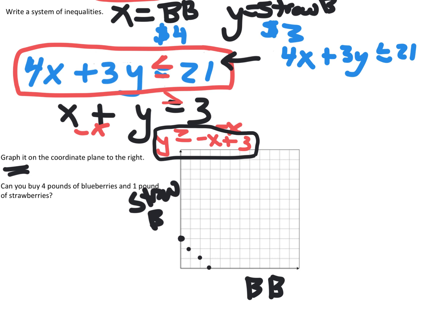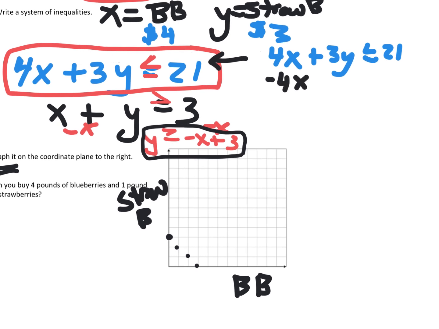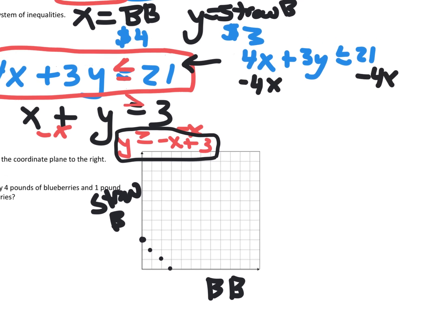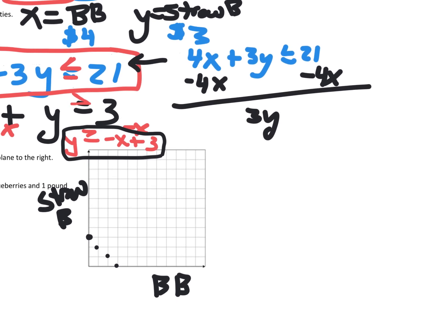I'm going to subtract 4x from both sides. And I know, some of you, this is beyond you. You're like, I can't do this. Okay. But I got to finish this because some kids in here are going to handle this.